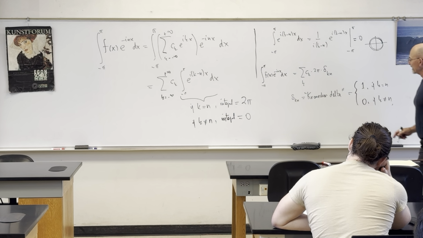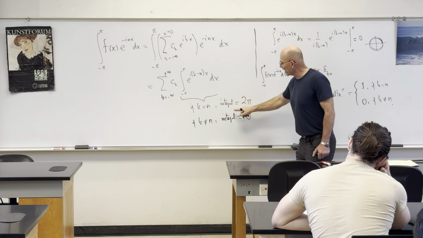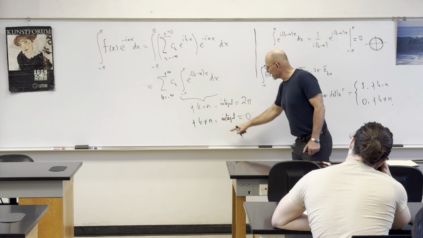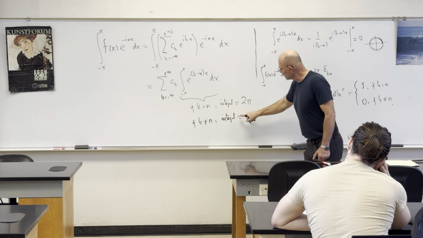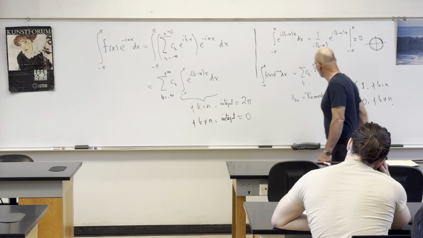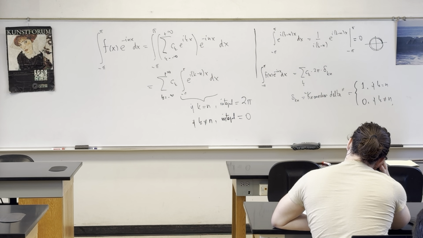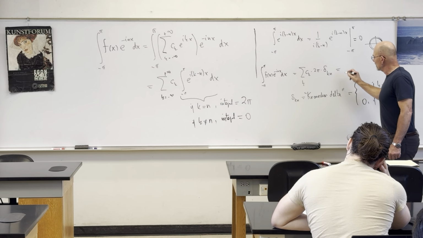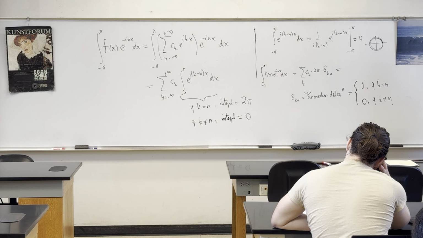So that's exactly what we had here. You know, we have 2 pi times a 1 if k is equal to n, 0 if k is not equal to n. So how do we evaluate this sum here?